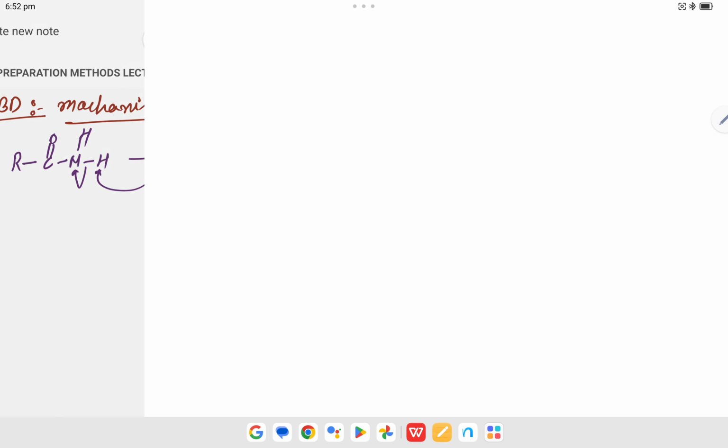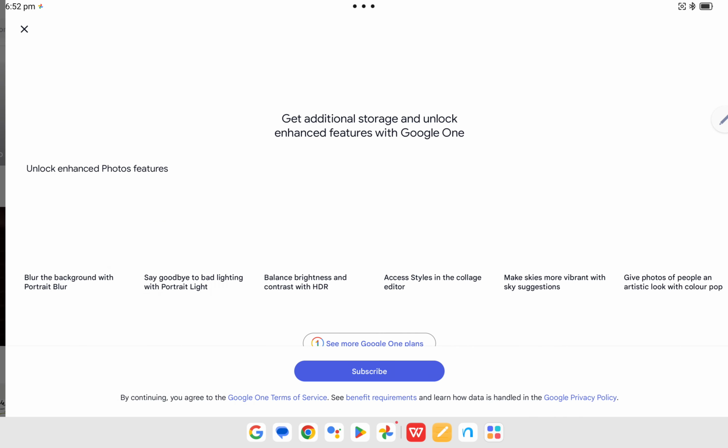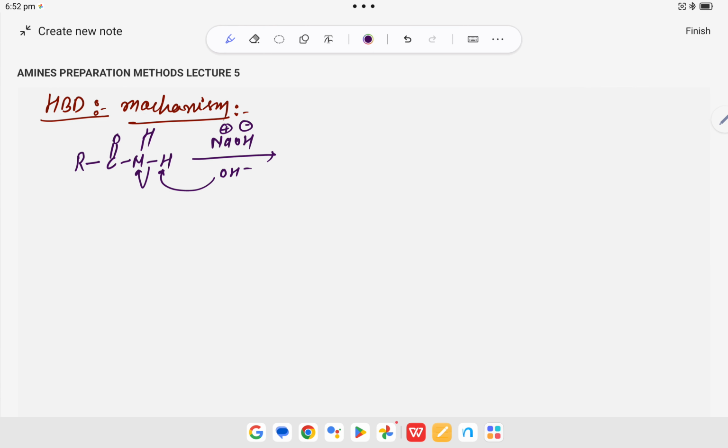So we are getting R C double bond O, nitrogen with negative sign and one hydrogen attached, and Br2.